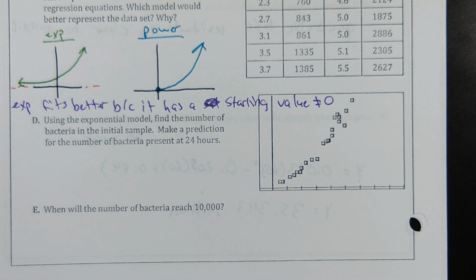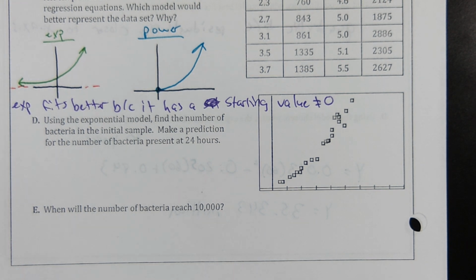So using the exponential model says find the number of bacteria in the initial sample, make a prediction for the number of bacteria present at 24. Look, we don't have an equation. So how would I figure out the number of bacteria initially? What does it mean to say initially? The y-intercept. And if you're on the y-axis, what is x? 0.